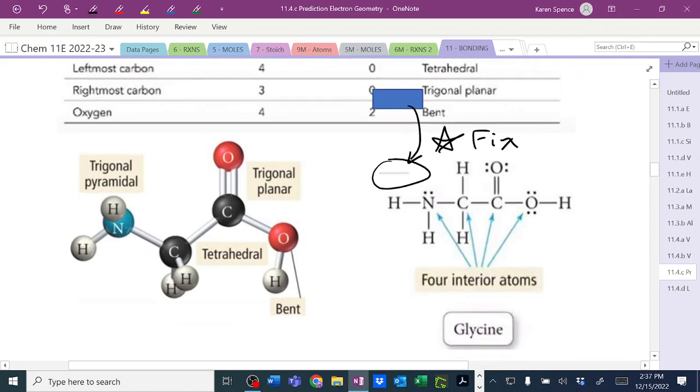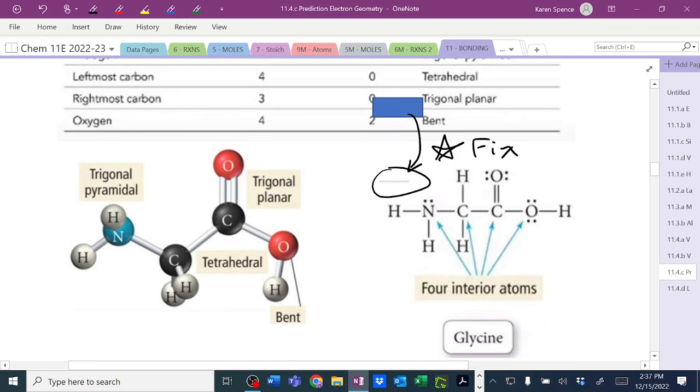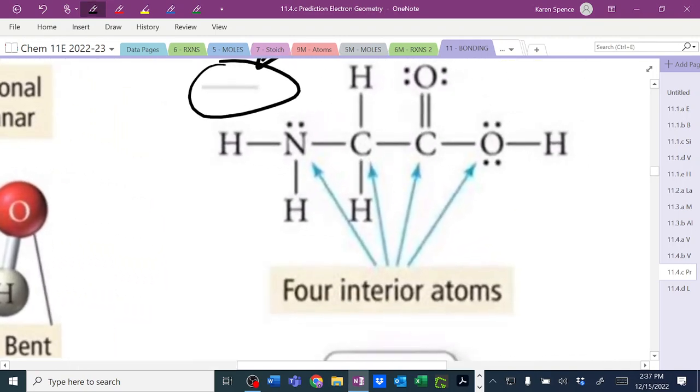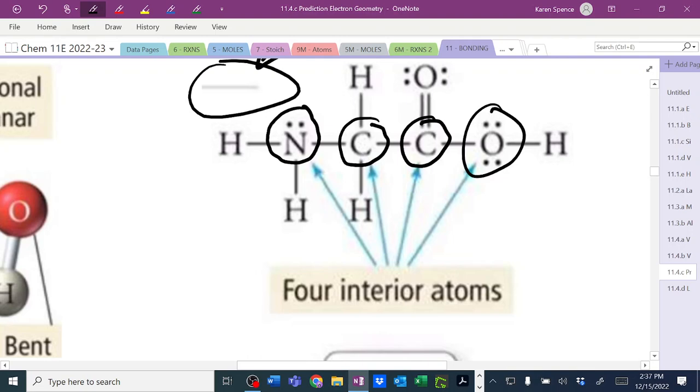Okay. So we now have this great big molecule. It's not that big. It's called glycine. But instead of having one central atom, we actually have 4 different atoms in the middle.